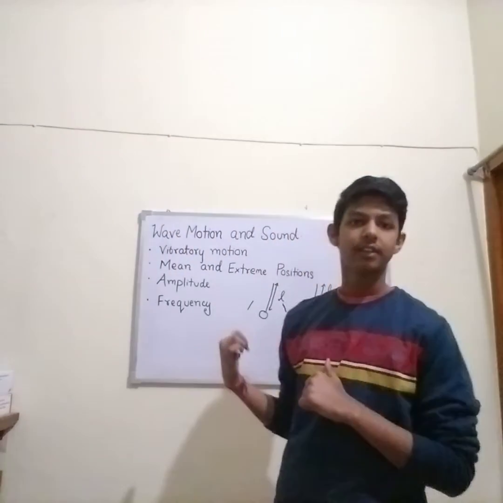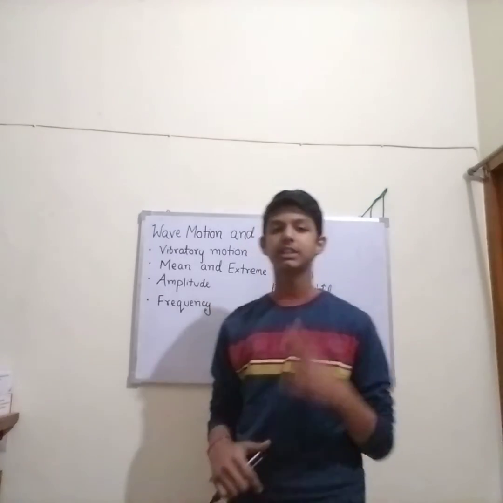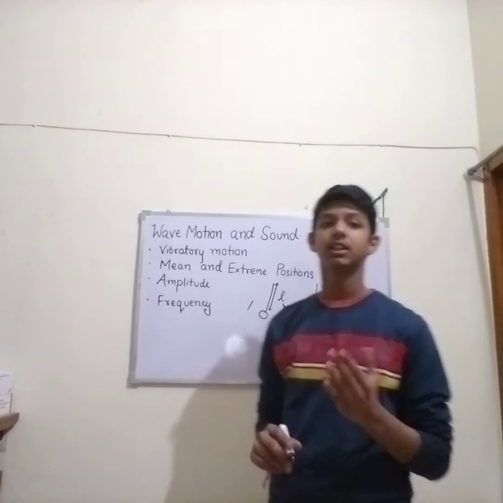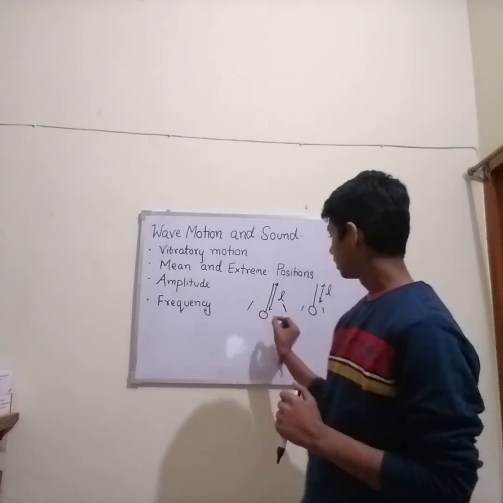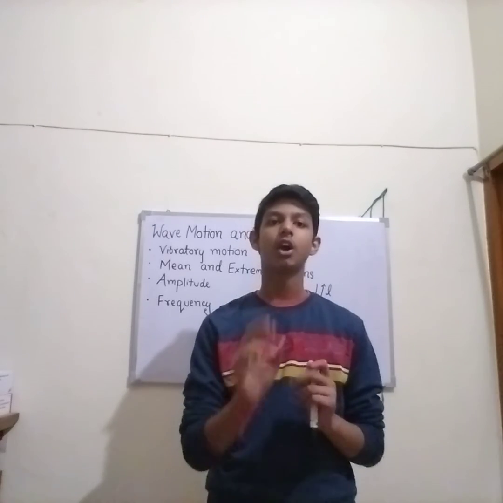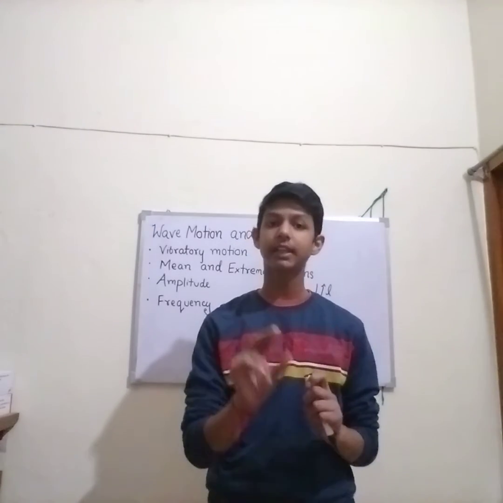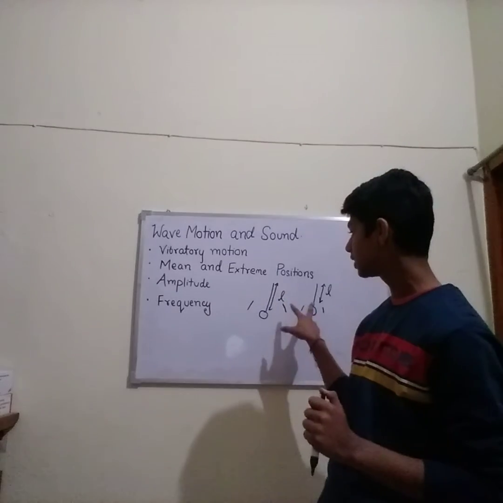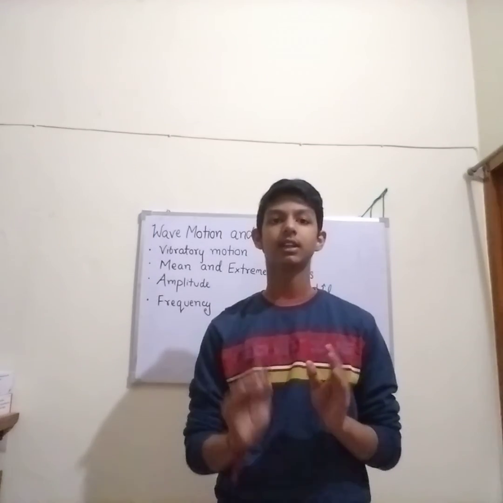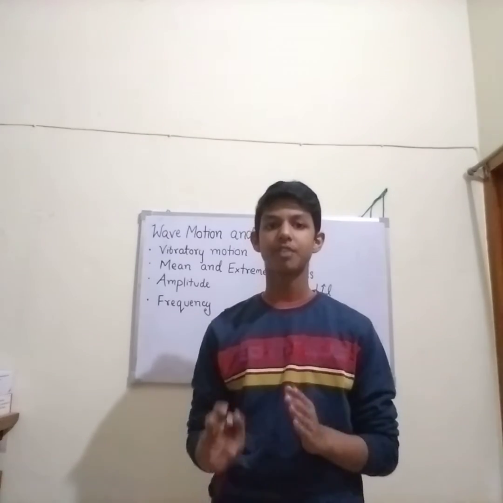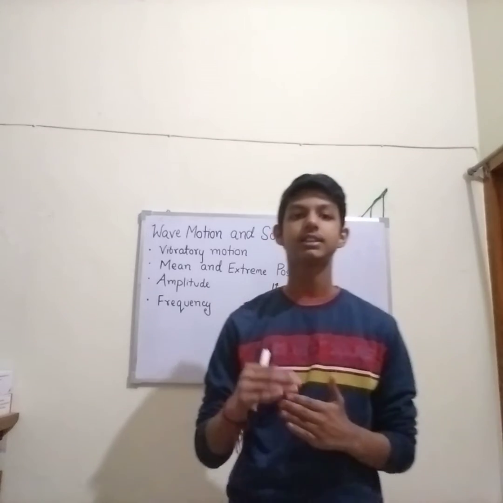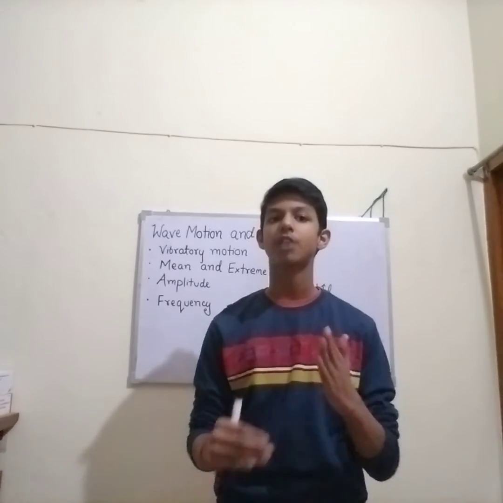First law we have discussed, and now we will discuss the second law of simple pendulum. The second law says that the time period of a simple pendulum for a given length, which means the two pendulums are of the same length, is independent of the size, shape, density, and mass of the bob.